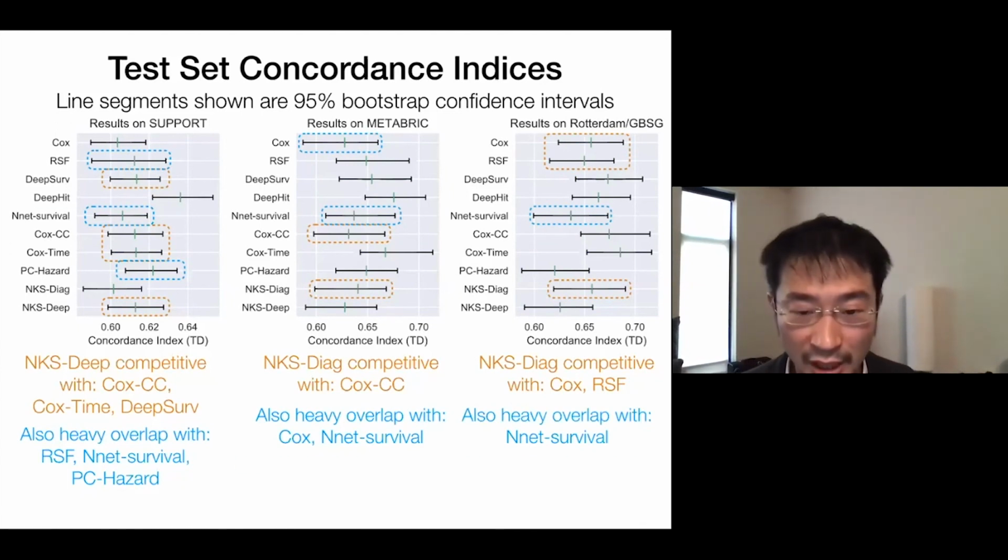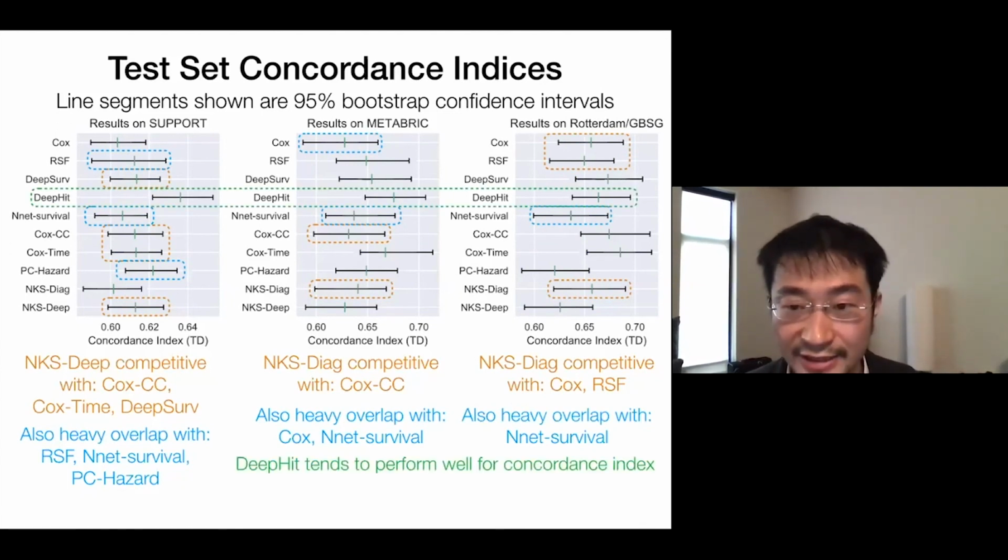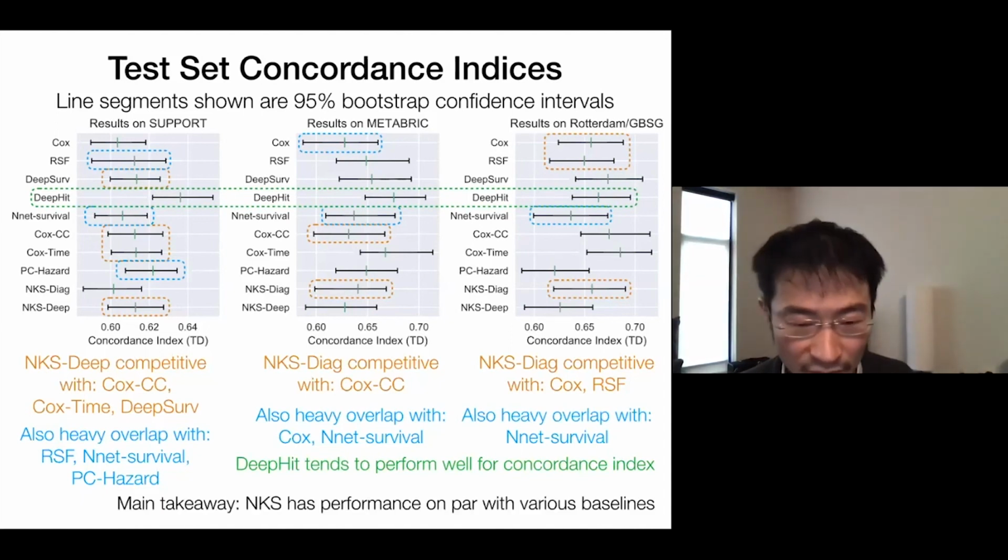In all 3 of these data sets, I'll say that DeepHit by Lee et al. from a couple of years ago tends to do pretty well. The main takeaway that I want you to have out of this is that neurokernel survival analysis has competitive performance with various baselines.